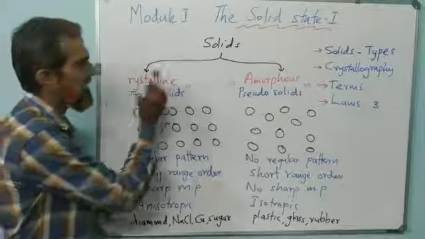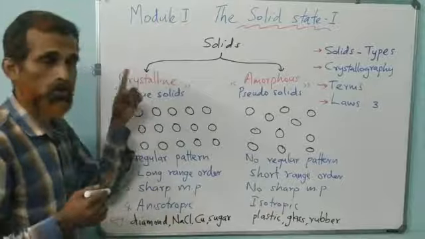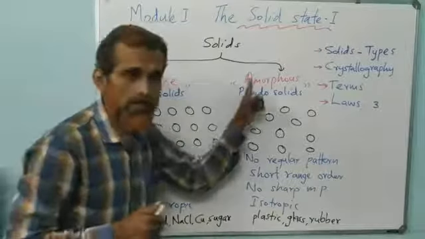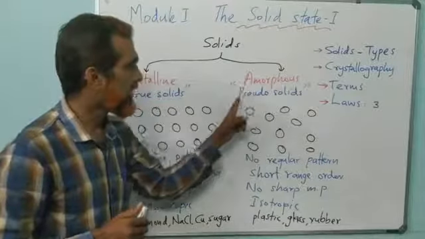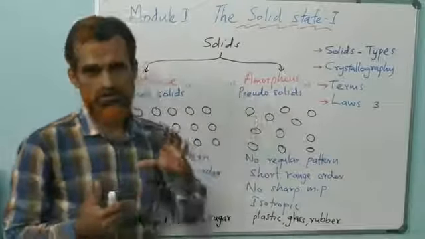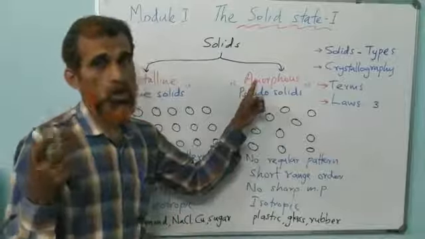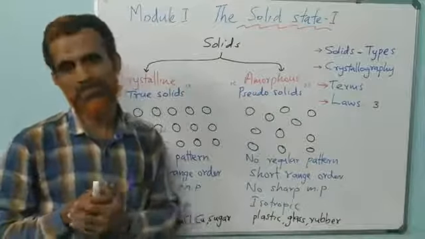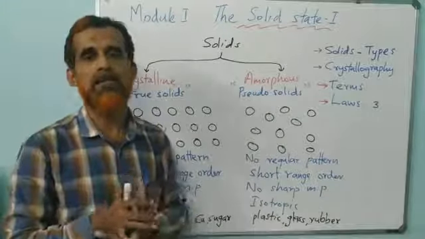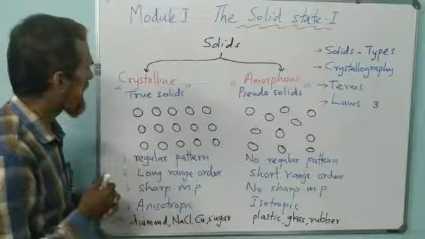One is crystalline solid, which is also called the true solids, and the other is amorphous solid, otherwise called pseudo solid. Pseudo means false. Amorphous solids are also called supercooled liquids because they are more like liquids in many properties.